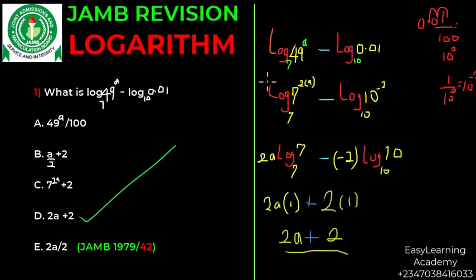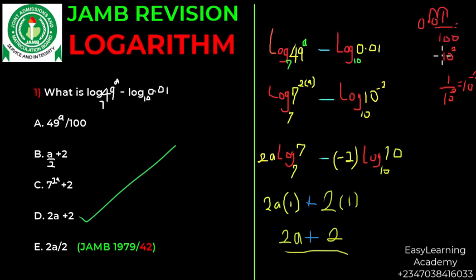So what we just did here was, for 49, we had to reduce it to the base so that we can have a common base with this 7. We know 49 to be 7 times 7, so we replaced 49 here with 7 raised to the power 2. The power a remains. And 0.01, we know very well, is 1 divided by 100.